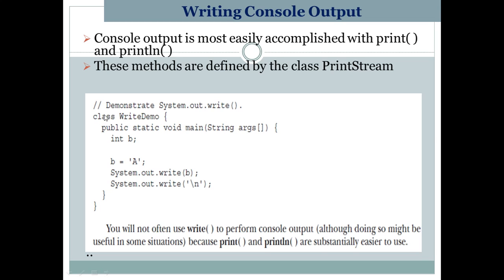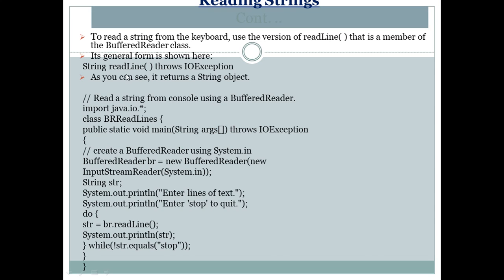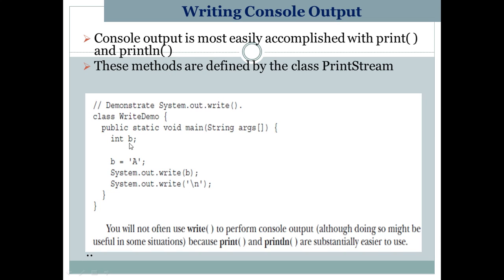Class WriteDemo. In the main function, the main function does not throw an exception, so here I have not written the exception. Whereas my input class throws an exception. So int b is equal to a. I'm assigning a as a character to b, but b is an integer. System.out.write(b).